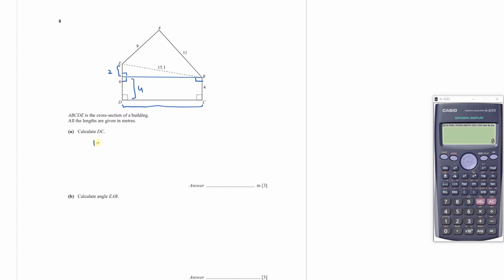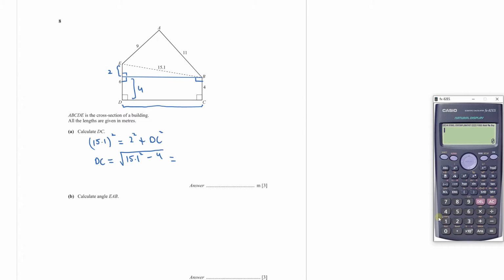So hypotenuse squared, which is 15.1 squared, will equal 2 squared plus DC squared. The blue line that I just drew is equal to the length of DC. So I can make DC the subject: DC will be the square root of 15.1 squared minus 2 squared, which is 4.